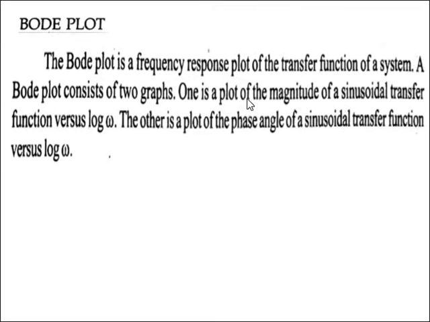So magnitude versus log omega is one graph, and phase angle versus log omega is the second graph. Combining these 2 graphs gives the Bode plot. So if you want to draw the Bode plot for a given system, we draw the magnitude plot and phase plot, and both are combined together, then the Bode plot is complete.